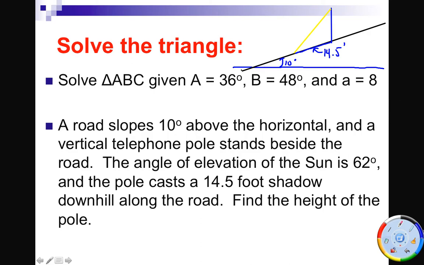Well, here's where you got to do a little bit of thinking. Darn, right? So the sun has an angle of elevation of 62 degrees. And if it's an angle of elevation of 62, it means it was actually an angle of depression if you wanted to come up here. The depression was 28. Oops, got to change that.